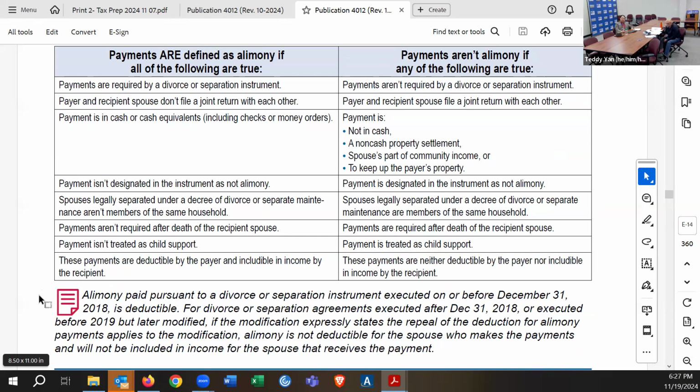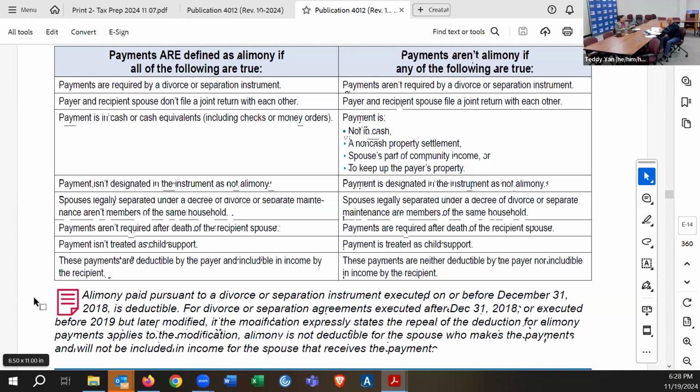For divorce or separation agreements executed after December 31st, 2018, or executed before 2019 but later modified, if the modification expressly states the repeal of the deduction for alimony payments applies to the modification, then alimony is not deductible for the spouse who makes the payments and will not be included in income for the spouse that receives the payments.